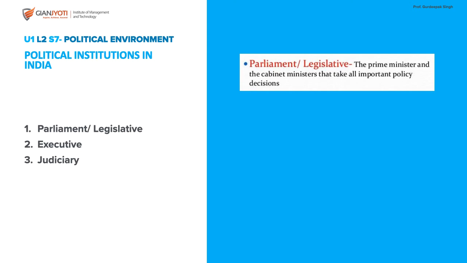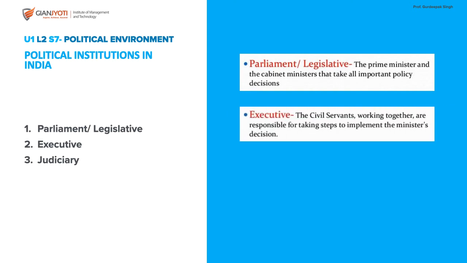So all the policies, anything where the country should be heading, the decision is taken at the parliament level, at the legislative body, which consists of the Prime Minister and the Cabinet Ministers.